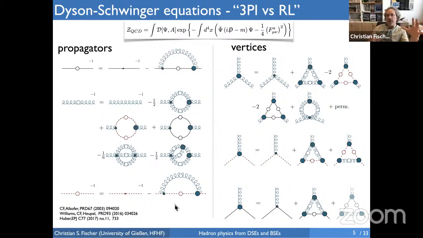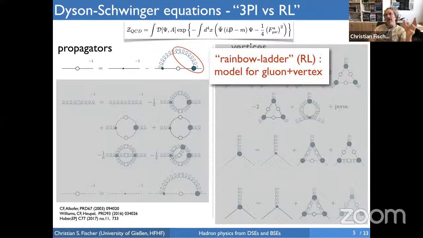Now, since this is so complicated, we can only do some calculations in this highly complicated framework. For many, many phenomenological applications, we do something much more simple. We actually stay at the level of the quark equation and combine the dressings of the gluon and the dressings of this vertex into one function, which we call an effective coupling, which then only depends on the gluon momentum.